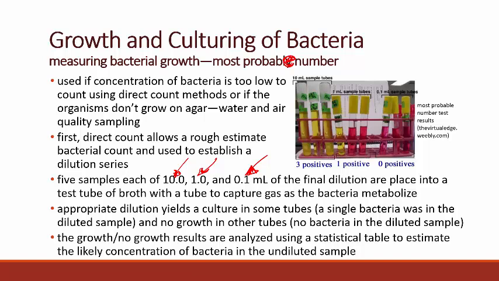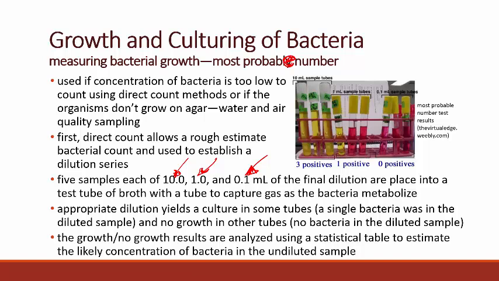So again, I turn you to page 153 and that table there. In the 10 mils dilution, that 10 mil sample, we saw that all 5 of them show growth. When only 1 mil of the final dilution is put into the tube, we had 2 of them showing growth. And when you added 0.1 mils, none of them show growth.